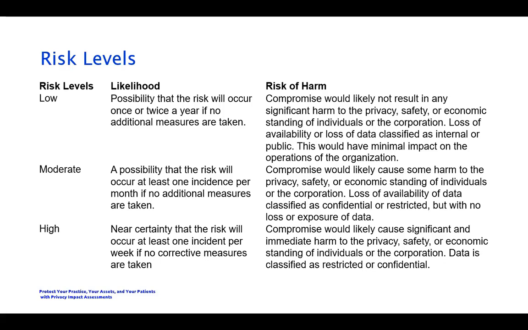Moderate is that it will likely happen at least once a month. And high would be that it is a near certainty that a bad thing would happen if those corrective measures or mitigation measures were not in place. So in healthcare, when we're talking about identifying health information, the risk level is nearly always high.